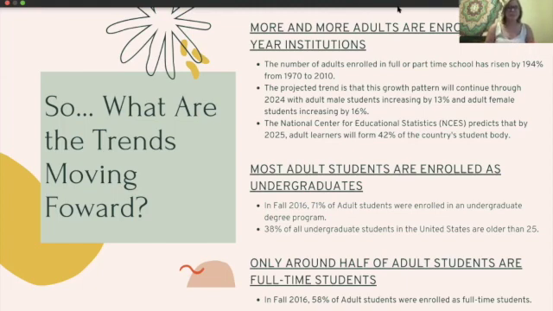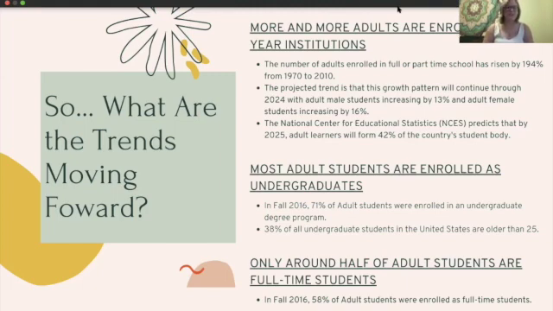And generally, that's just not the case anymore. A lot of adults are enrolling in undergraduate degree programs, maybe because they don't have an undergraduate degree or they potentially are not happy in the field that they're in and they're looking to get education in another field. So I think it's important that we deconstruct that held view that undergraduates are young students, because the trends are telling us that that's not always the case.